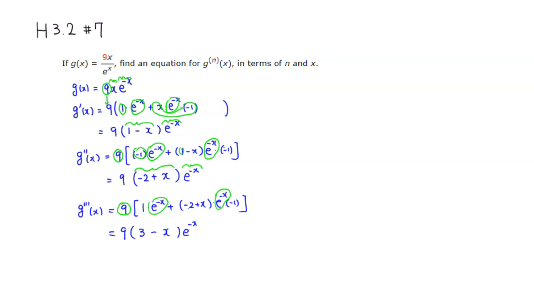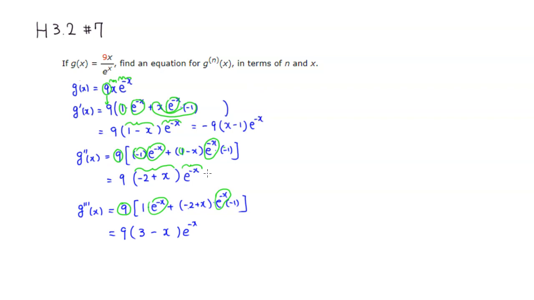So I'm going to pull out the negative sign in front. So you have a negative sign and 9. If you pull out the negative 1 from negative x, you have an x, and pull out the negative sign from positive 1 is a negative 1. Then you have e to the negative x.